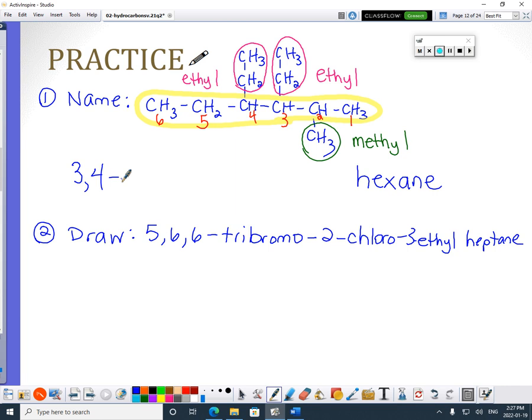But technically you're supposed to write diethyl. If you forget to write the di, I will not take marks off. It is much more important that you write down the numbers 3, 4 because you're showing where the ethyls are.